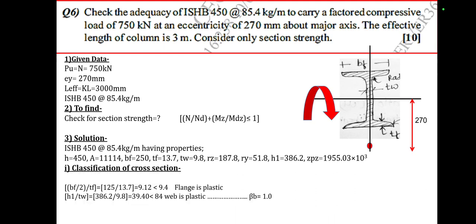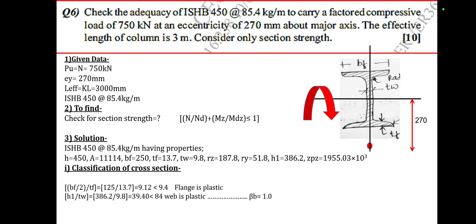Then classify the cross section. First one is the flange criteria, BF upon TF. As it is an I section, we need to divide the BF by 2 and divide it by the TF again. Substituting the values of BF and TF, the value is 9.12 and it is less than 9.4 epsilon, hence our flange is plastic.